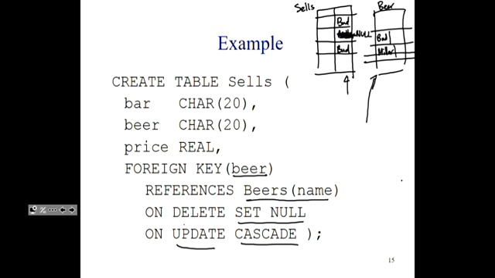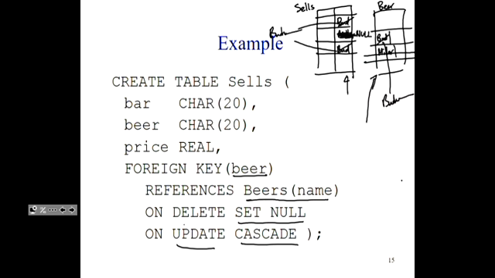Okay? What if you do an update instead? So instead, I changed Bud in the beers relation to Budweiser. Here, what the database system would do is change both of these values to now be Budweiser.